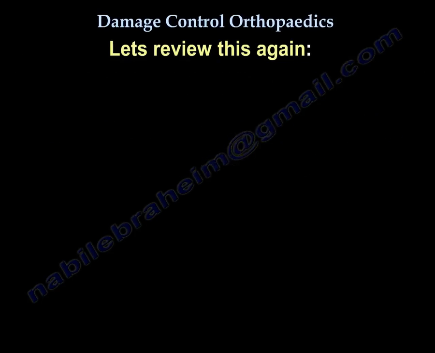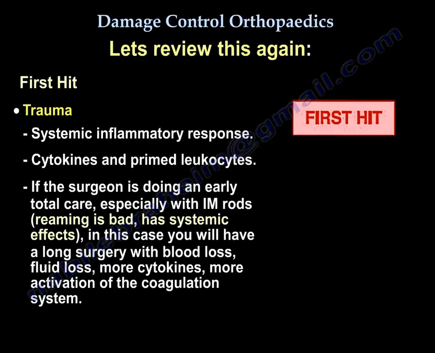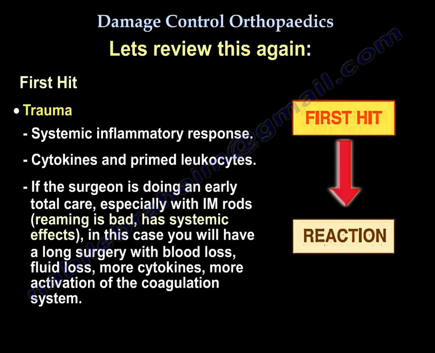So let's review that again. The first hit is the trauma, which will give us a systemic inflammatory response. So you'll have cytokines and primed leukocytes. That's what the surgeon is faced with. If the surgeon does early total care, especially with femoral rods, and we know reaming is bad, it has systemic effects.